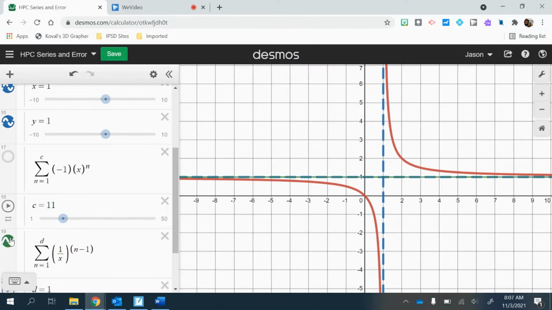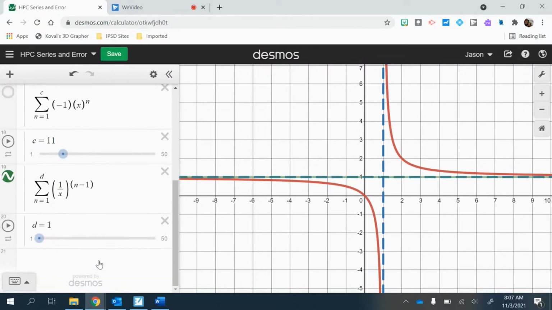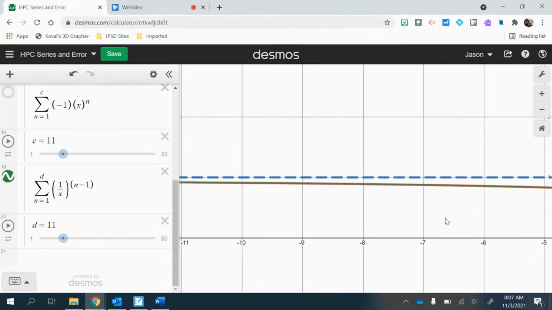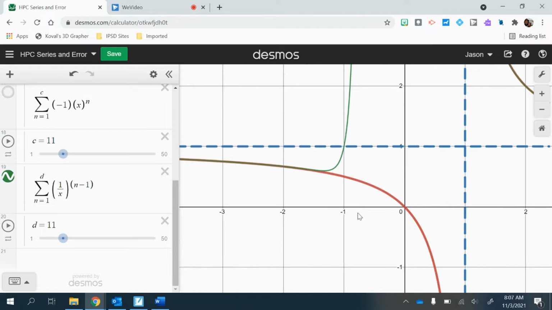Now, the other one, 1 plus 1 over x plus 1 over x squared, 1 over x cubed, 1 over x to the fourth, and so on up to x to the 10th. What you see is it's really good everywhere outside of -1 to 1.